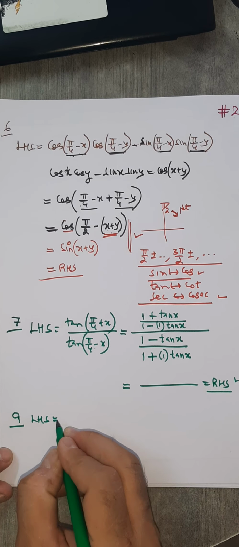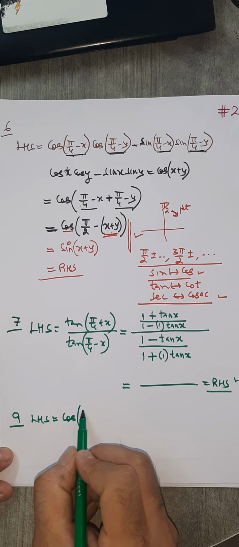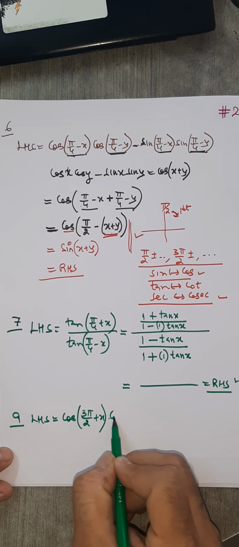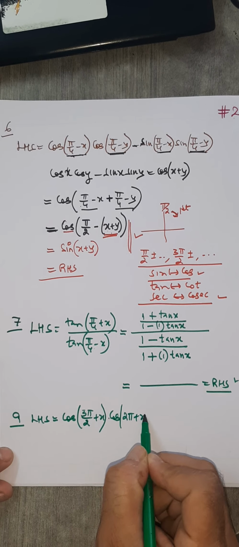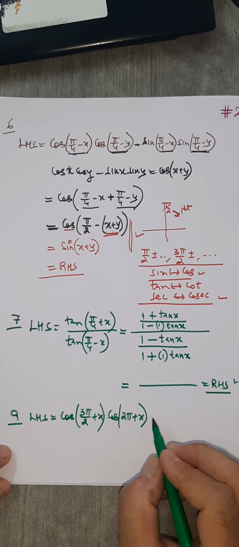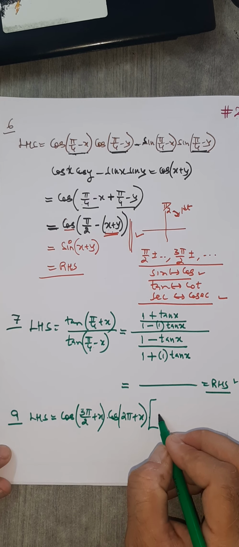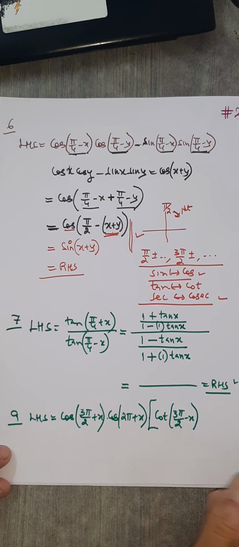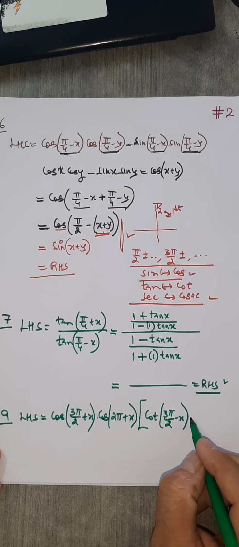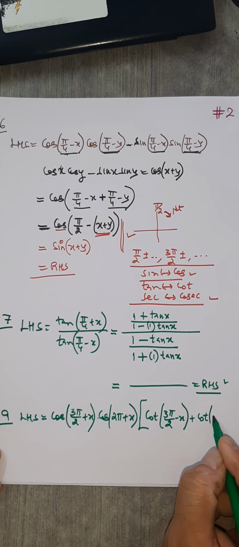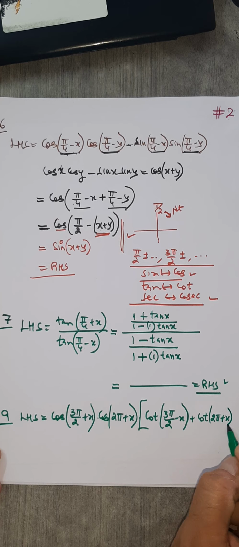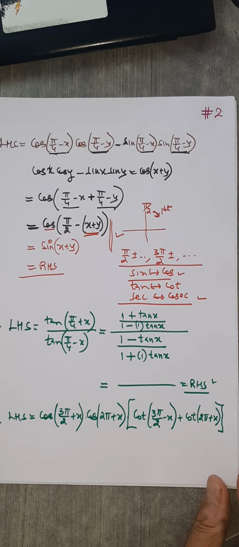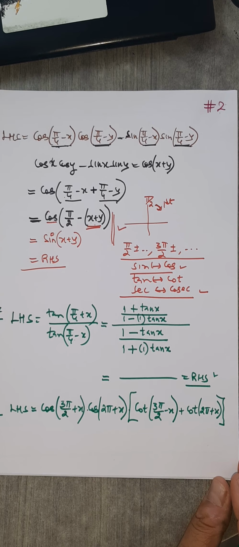I am writing the LHS. Cosine(3 pi by 2 plus x) into cos(2 pi plus x), inside the bracket you have cot(3 pi by 2 minus x) plus cot(2 pi plus x). Okay, so we want to simplify this.